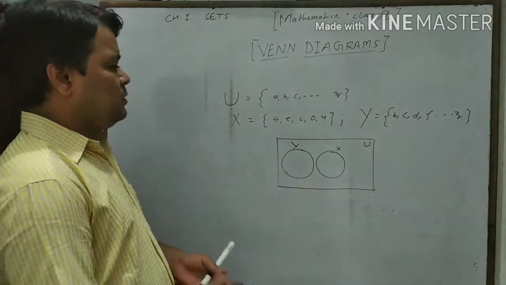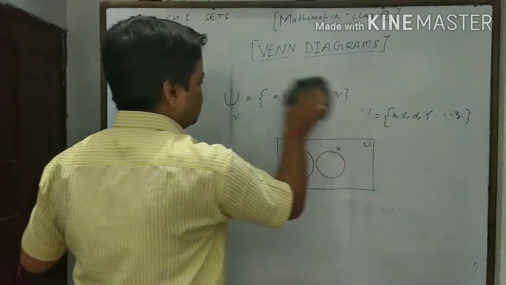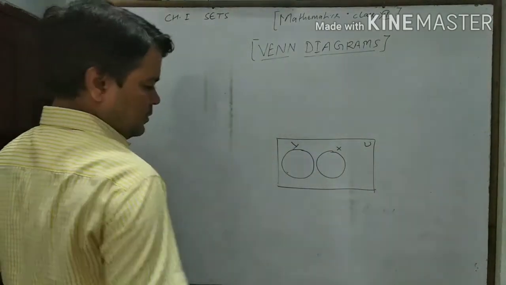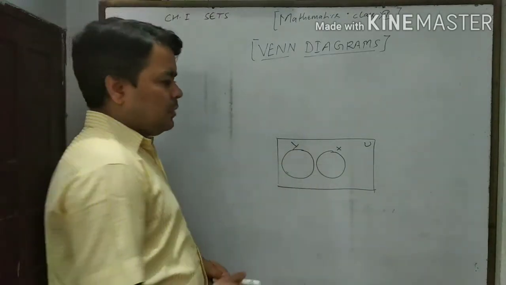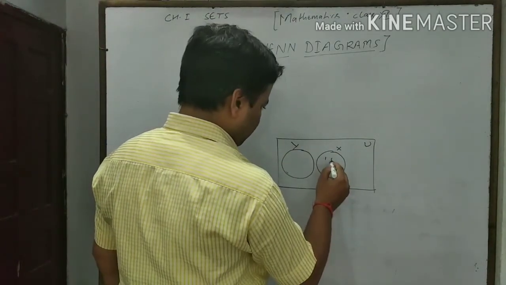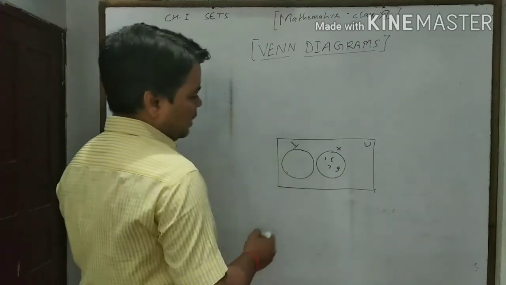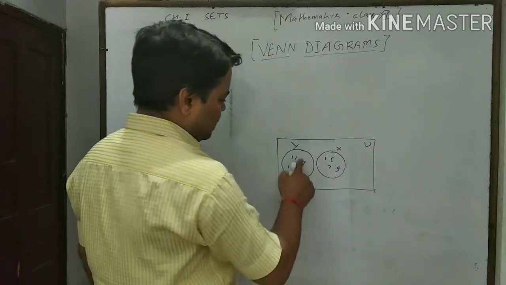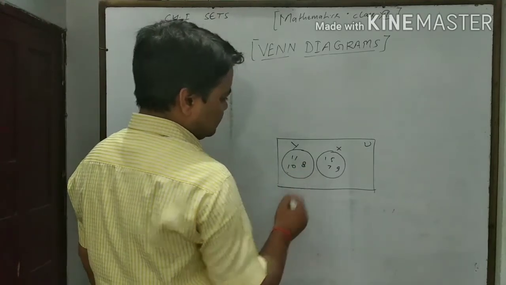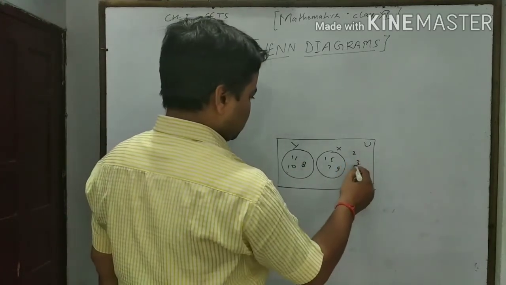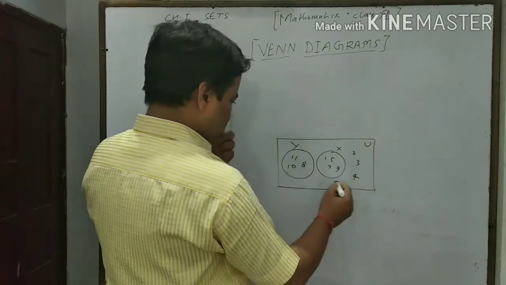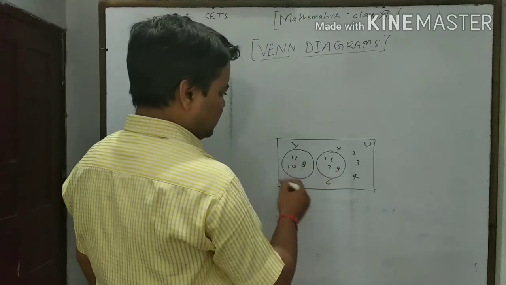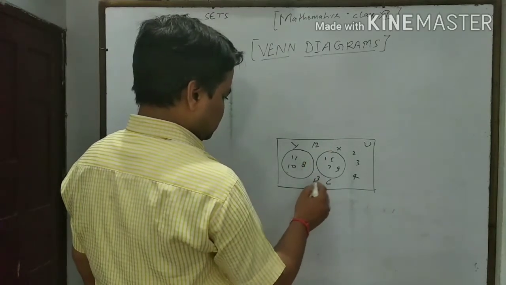Now, with the help of a diagram, we try to find answers to some questions. This is a Venn diagram in which 1, 5, 7, 9 are given, and here 11, 10, 8, and here 2, 3, 4, 6, 12, 13 and 14 are given.